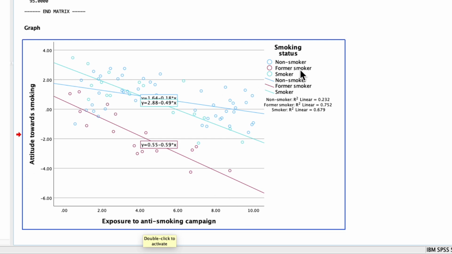And for the former smokers and the smokers, this effect, it's the same for both. And again, it indicates that the more exposure we have to the anti-smoking campaign, the lower the attitude towards smoking is.